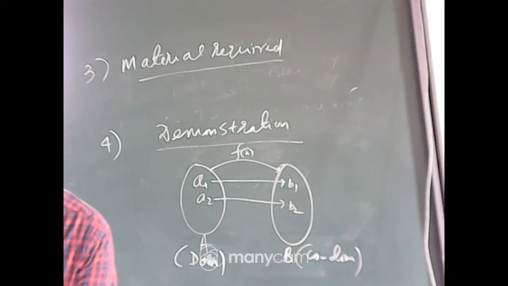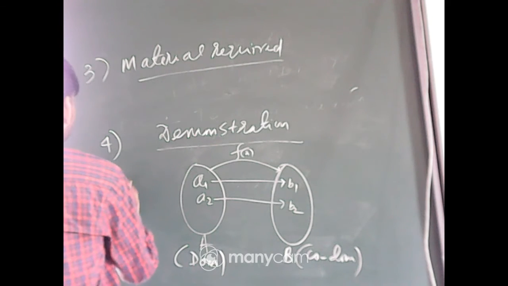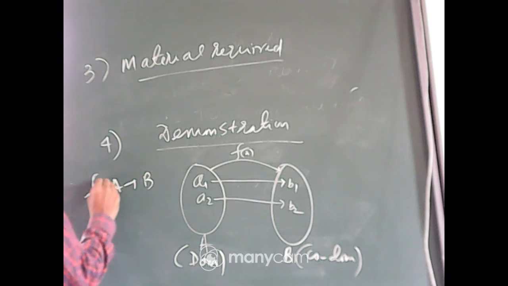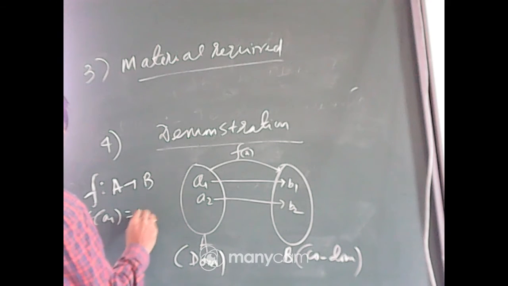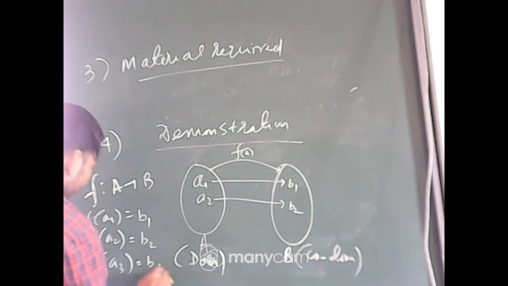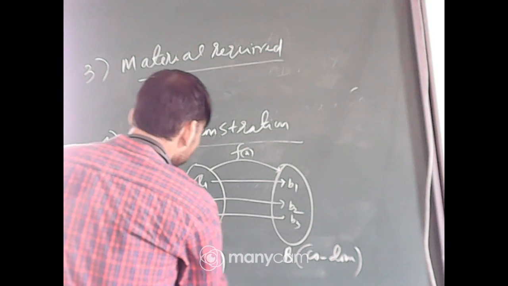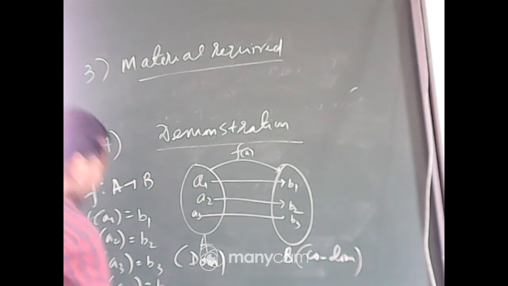At the beginning I said prerequisite knowledge: the concept of different types of functions, 1-1, many-1. You know all the types of functions. So here the function is defined from A to B, such that f of a1 is b1, f of a2 is b2, f of a3 is b3, and also f of a4 also goes to b3.